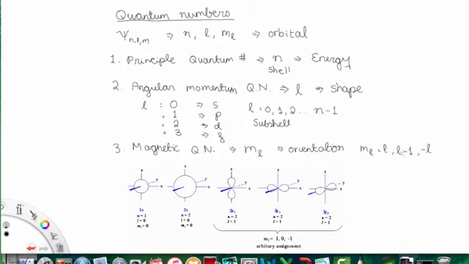And so to give an example, if you look at the p orbital, a p orbital has l equals 1. So the ml values would be 1, 1 minus 1 is 0, and negative 1. And these are all the possible orientations that the p orbital could have.